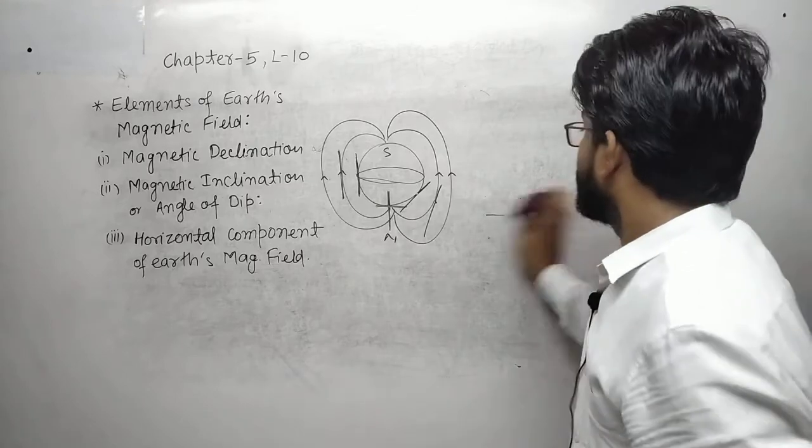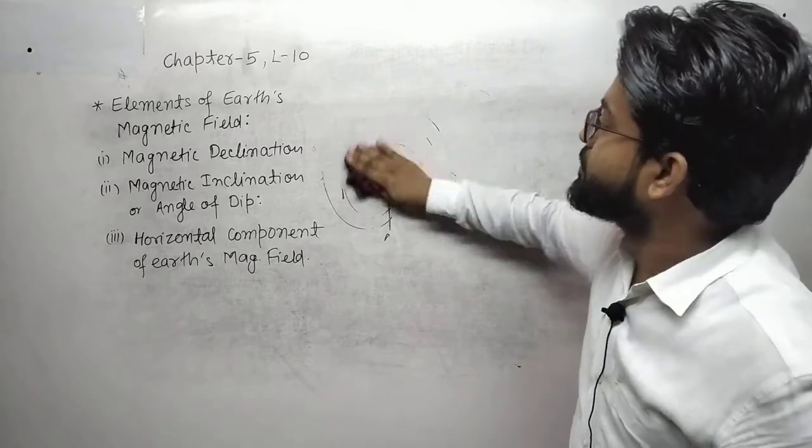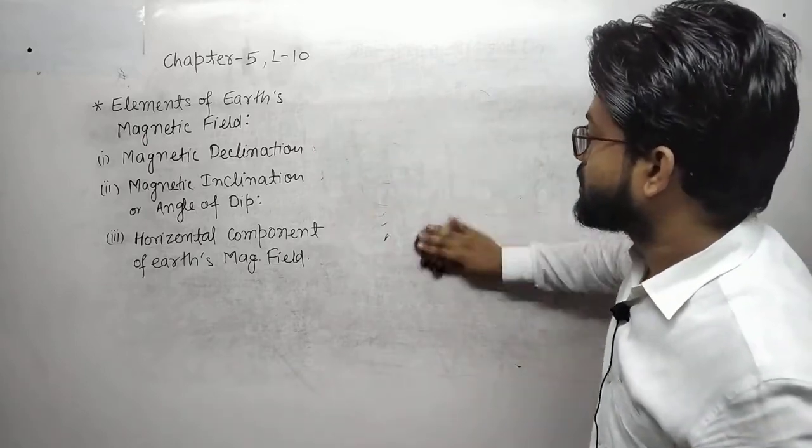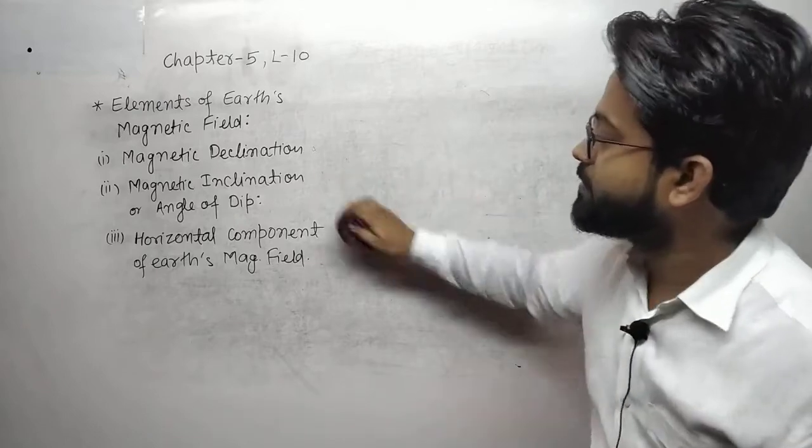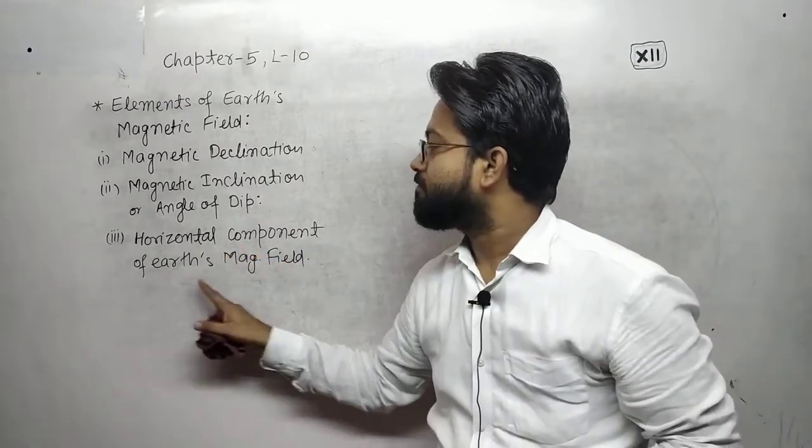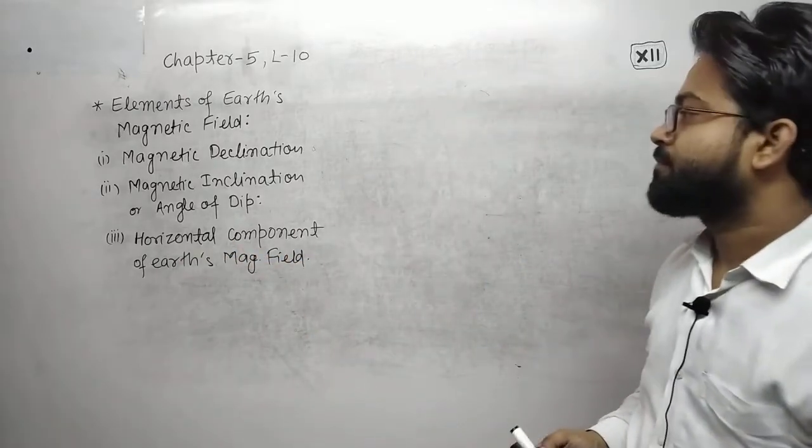Now the third point, that is the horizontal component of the Earth's magnetic field.